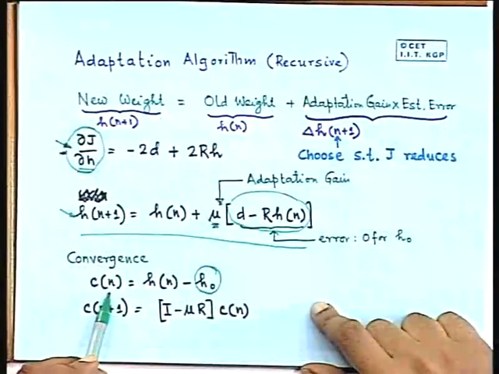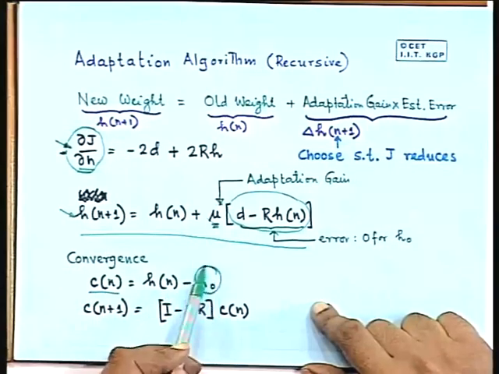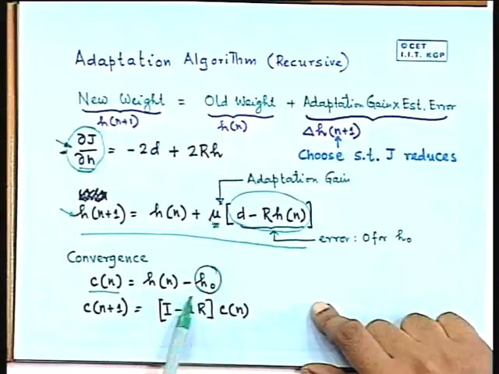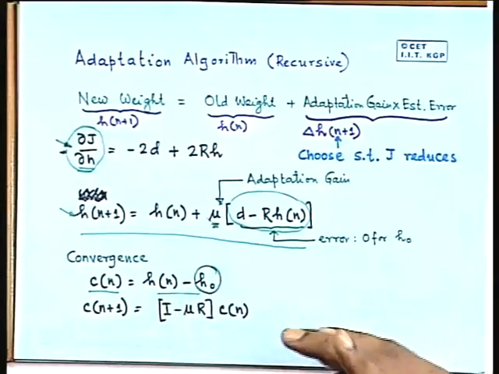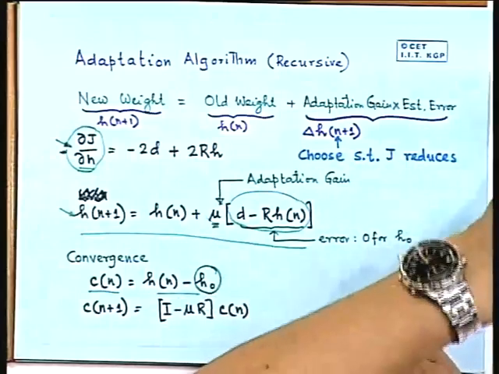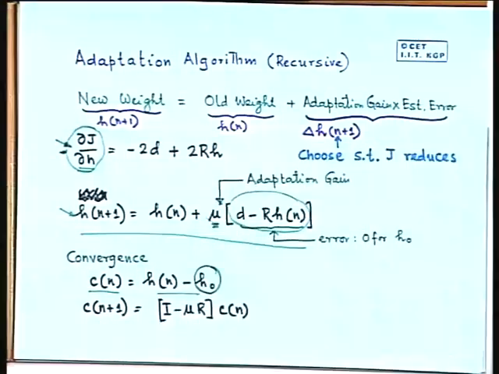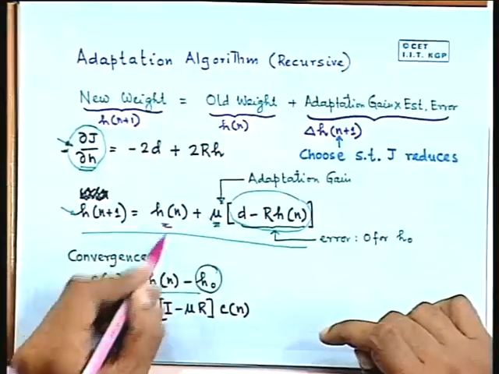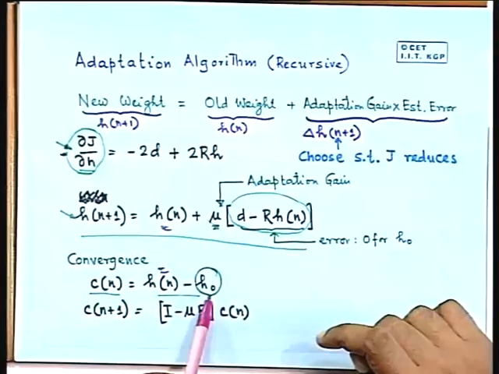And if it happens, how fast does it happen and when does it happen? So to analyze that, let us assume that this is an error I have defined. So this is the optimal weight H0. So this is my error in estimation at any time n. Right? This is my estimate according to this law, and this is the best possible.